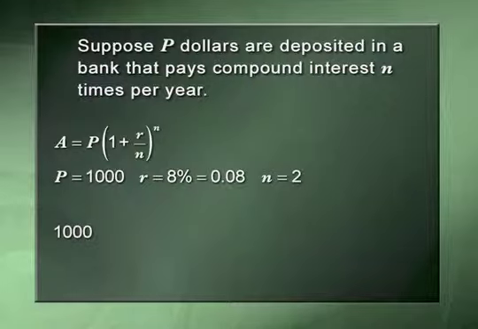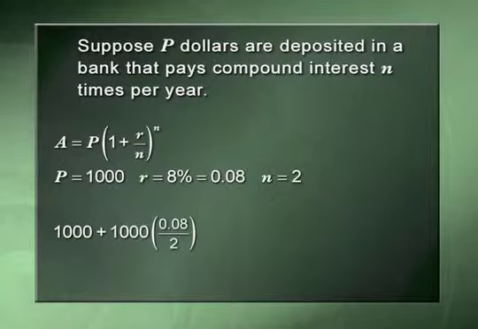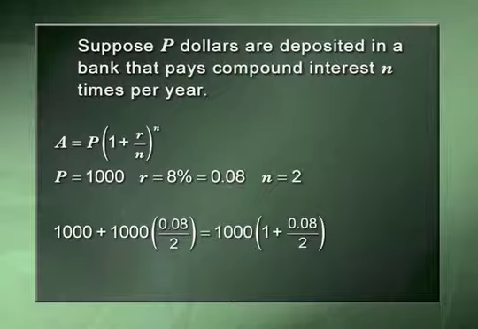You have the original $1,000, plus you've earned some interest. Now, you didn't earn 8%, you earned half of that, 4% for the first 6 months. So you've earned 1,000 times 0.08 divided by 2. And so, if you factor out the 1,000, after 6 months you have 1,000 times the quantity, 1 plus 0.08 over 2, which is exactly $1,040.